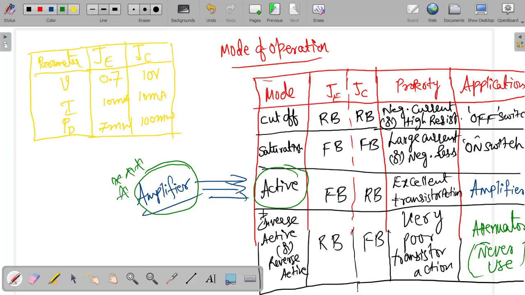So we'll discuss the different configurations that are possible. Before that, we'll discuss how actually the current flows in active mode, in the amplifier application. Let us discuss that.